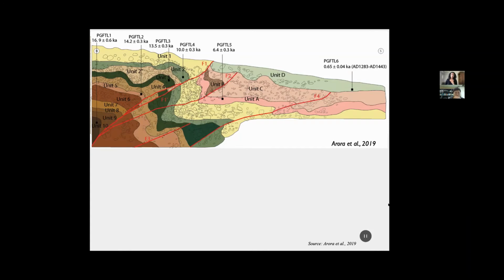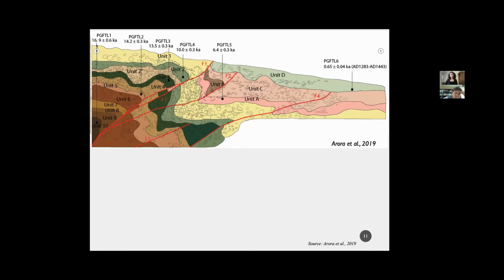For example, this fault F1 has cross-cut this unit D. That means the most recent event on F1 must have occurred after the deposition of unit D. So if we can date this unit D, we can bracket the event. This is what we did. We used an OSL age from this unit, and the age range we got was 1280 to 1480.